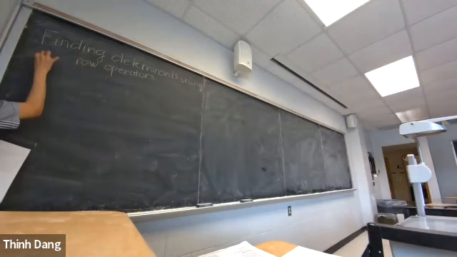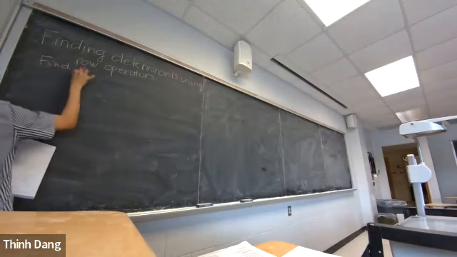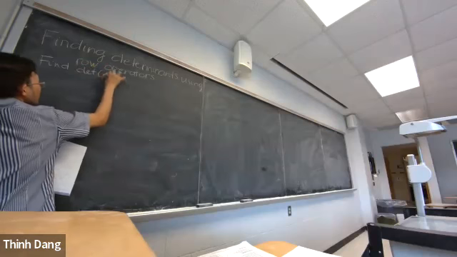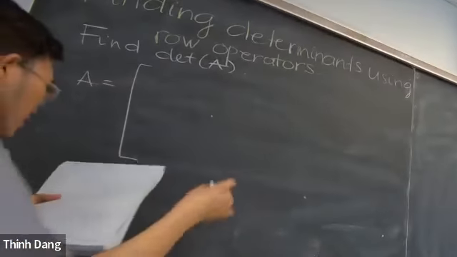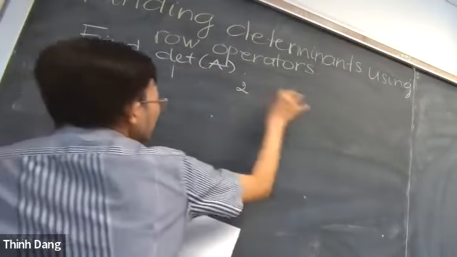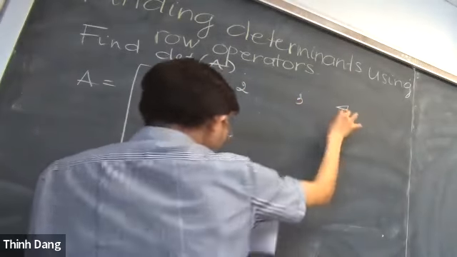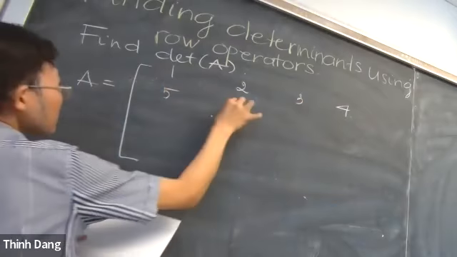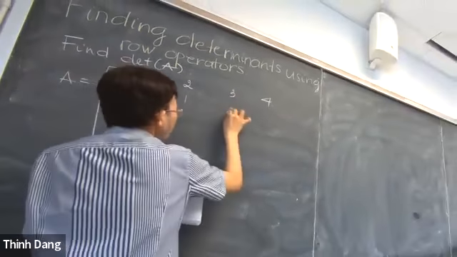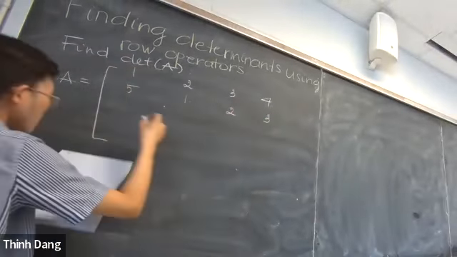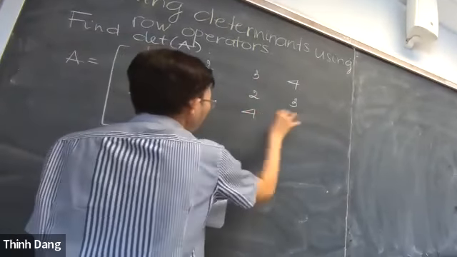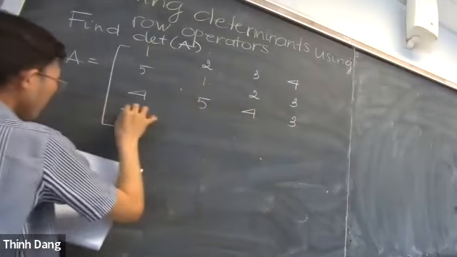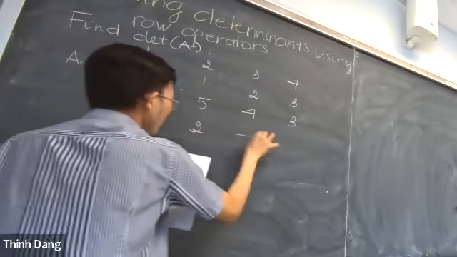Let's try to find the determinant of this matrix A over here. Here I have a 4x4 square matrix: 1, 2, 3, 2, 4, 5, 4, 2, 4.